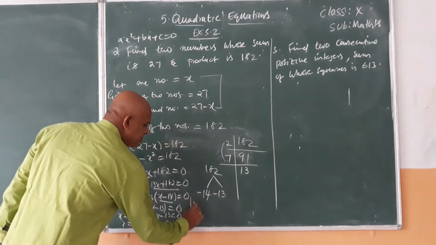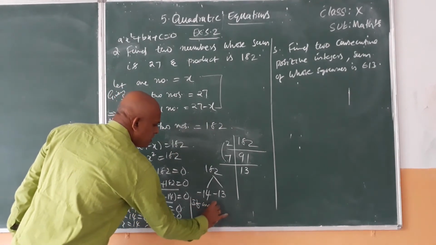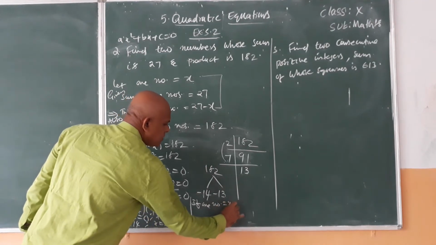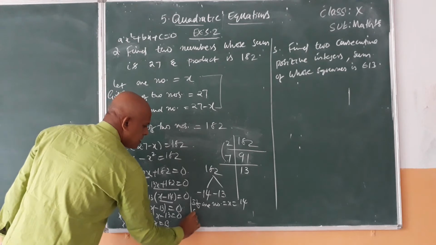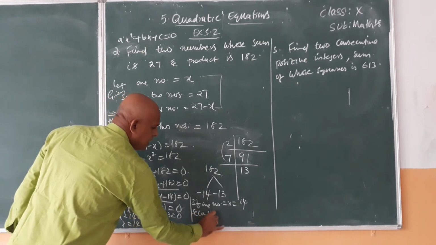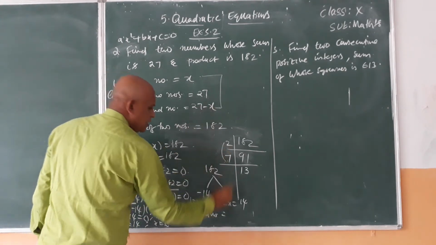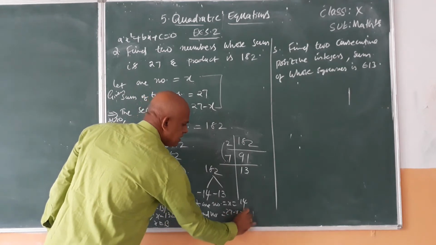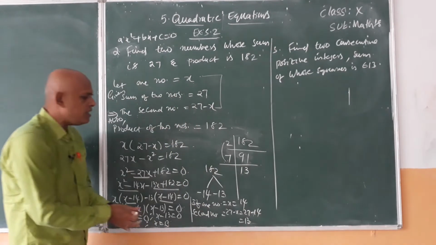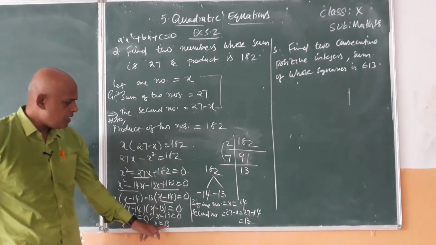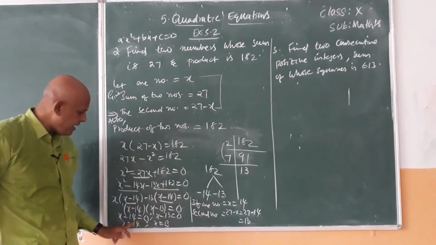If one number is x is equal to 14, then the second number is equal to 27 minus x, that is 27 minus 14, which is 13. In the same way, I am not solving the remaining part here. Another possibility: here we have taken x as 14.